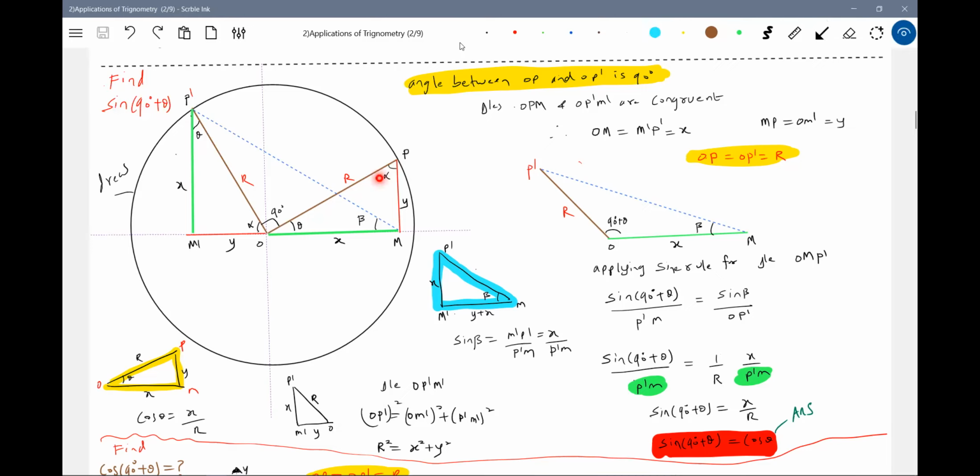Now, if you look at these triangles OPM and OP dash M dash, they are congruent. What do you mean by congruent? Congruent triangles are two triangles having the same sides and same angles. Only their orientation may be different.